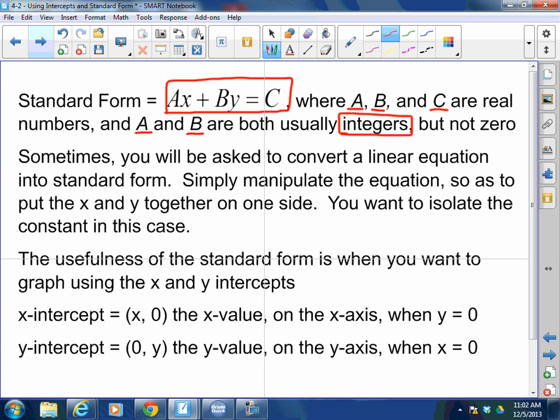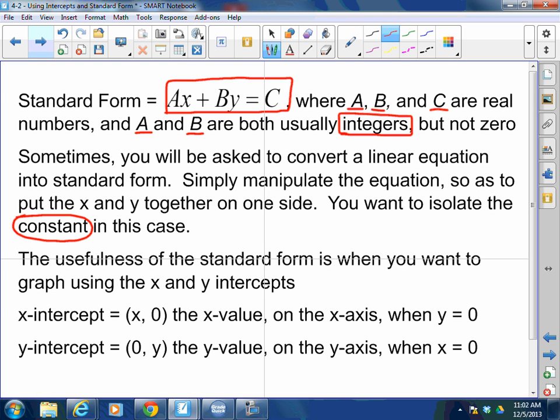Okay, so sometimes you will be asked to convert a linear equation into standard form. Simply manipulate the equation so as to put the x and y together on one side. You want to isolate the constant in this case.